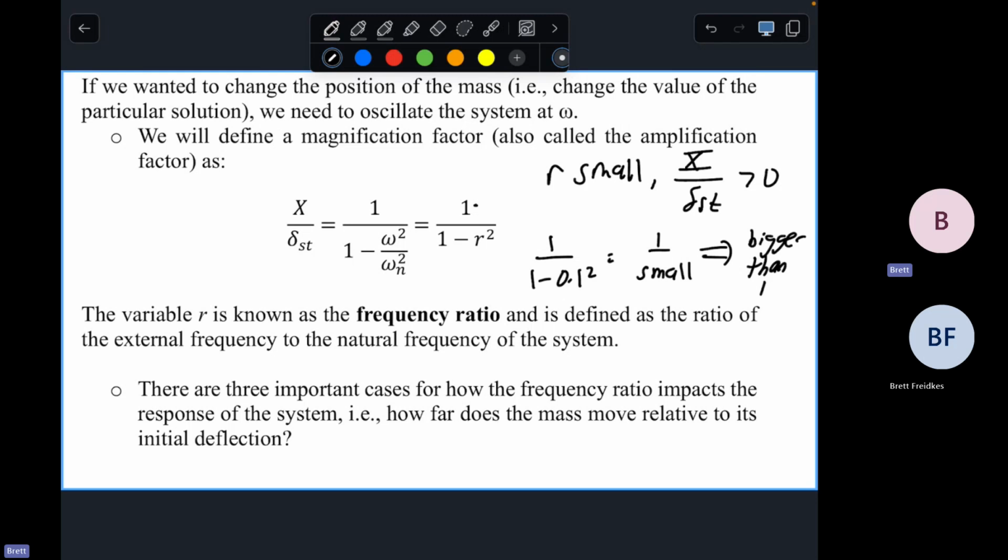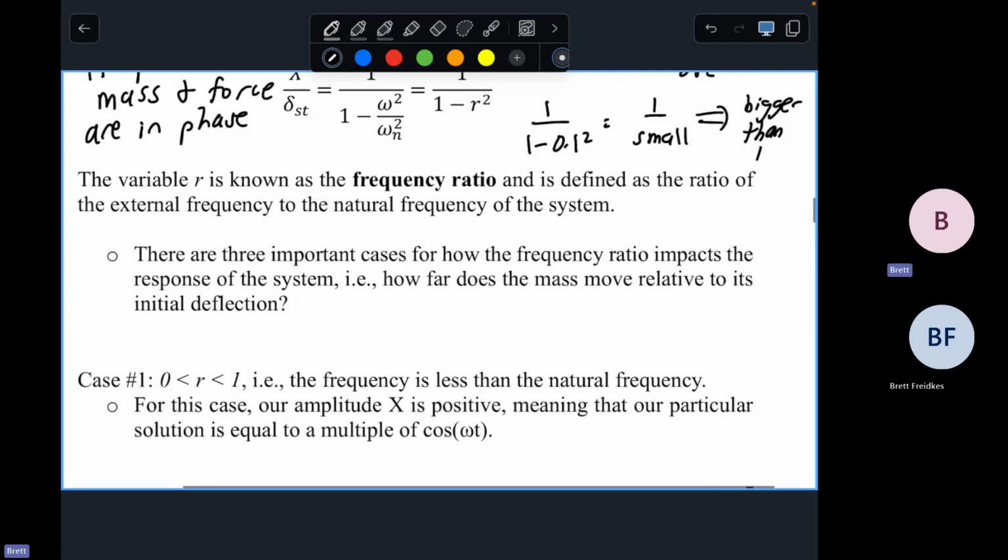What does the sign of this matter? If I say the amplification factor, it's the phase. So if the amplification factor is positive, the mass and force are in phase.